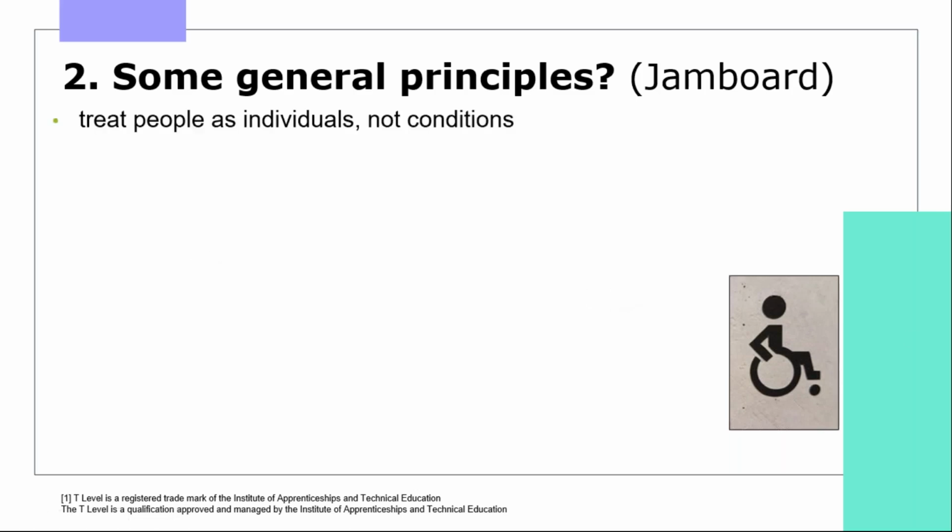So the first of our ideas relates to treating people as individuals and not conditions. So don't generalize or stereotype students thinking you already know their needs, as each individual will have different needs. Good practice would be to avoid using an adjective as a noun to describe somebody. People shouldn't be described as dyslexic or disabled.